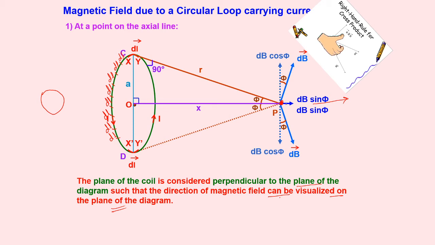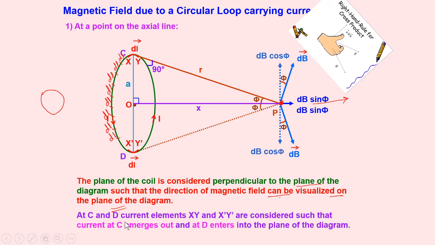It is not into or outside the plane of the diagram. At C and D, current elements xy and x dash y dash are considered such that current at C emerges out, coming towards myself, and at D it enters into the plane of the diagram and goes away from me, away from the observer.